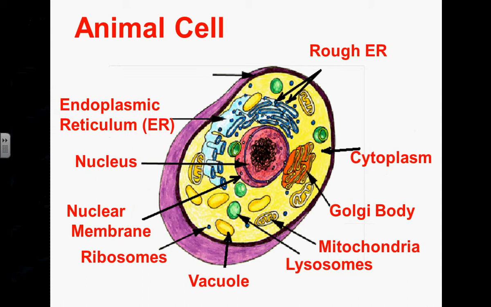Chloe? The rough ER and the Golgi bodies look almost the same. But the rough ER will have the small little dots. The Golgi bodies will often have the larger drops of syrup. How about purple? What's this in purple? Bianca? The cell membrane. Yes, the cell membrane.